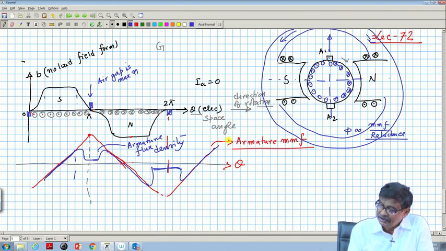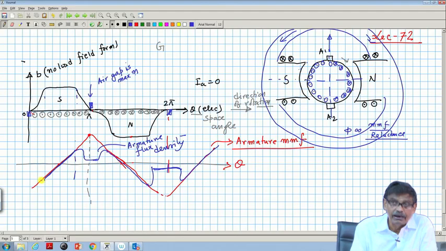So, what will be the flux density? It will be proportional to armature MMF divided by the reluctance of the path. But the only thing is the air gap is not constant in a DC machine. Over this zone the air gap is constant, here it is maximum. Similarly, here it is uniform, here it is maximum. So, in some other scale the blue curve is drawn.